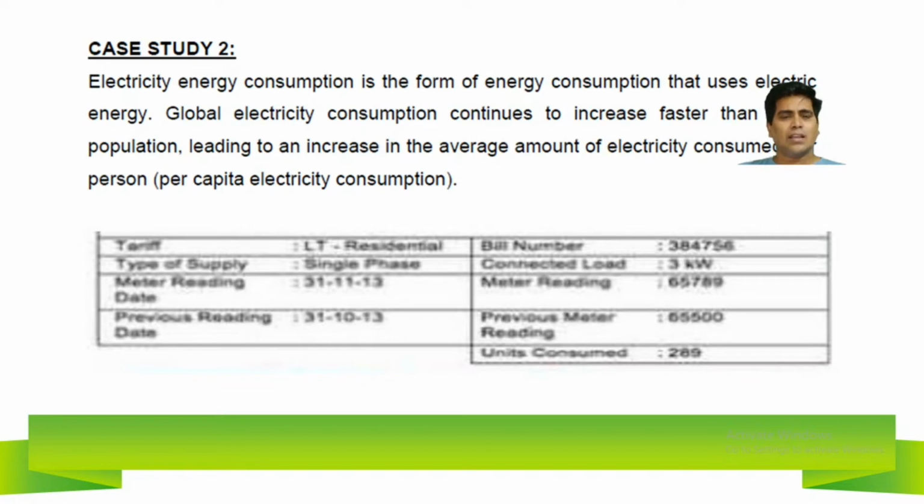He has given the description here about the bill number and so on. He has given the meter reading, bill units consumed, previous meter reading. Yes, we want to compare the previous meter reading with the present meter reading, and based on this they are calculating it. This is a bill of one person. It's a bit blurry, but it's no problem. We'll see the questions now.